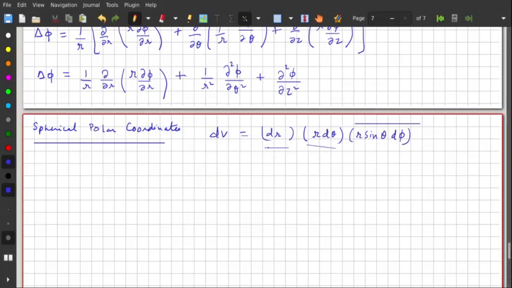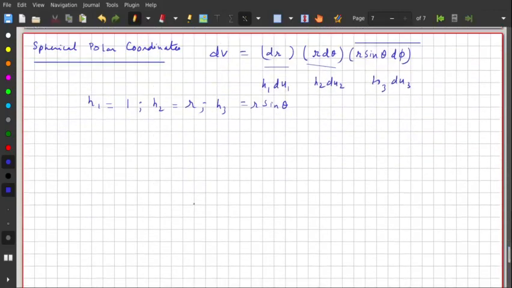Comparing with h1 du1, h2 du2, h3 du3, we realize that h1 is 1, h2 is r, and h3 is r sinθ.